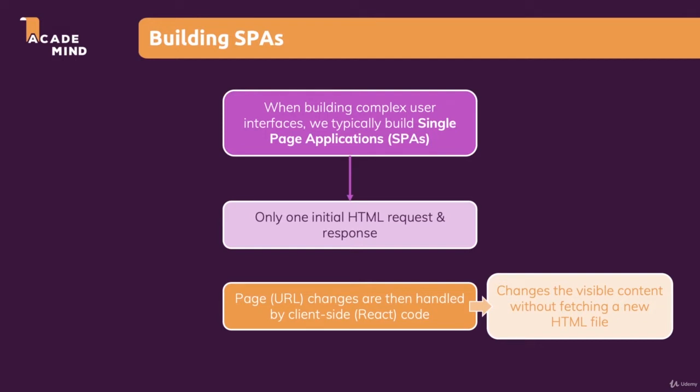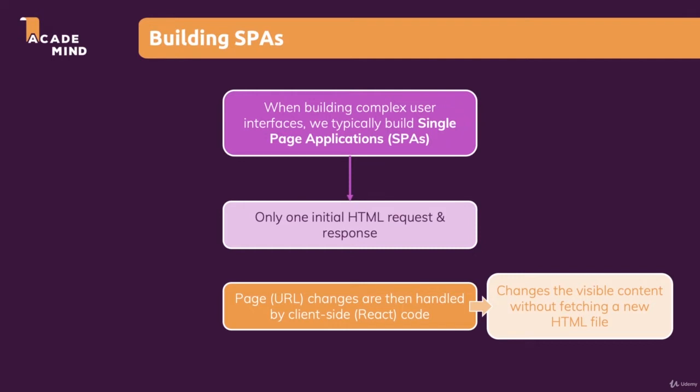So we need some code that works with the URL, that works with that path after the domain, and that listens to clicks on links on our page to update that path in the URL, but which then actually does not send a request to the server for a new HTML file, but instead this code which we write or this package which we add should block this browser default and instead update what's visible on the screen with client-side JavaScript, with React.